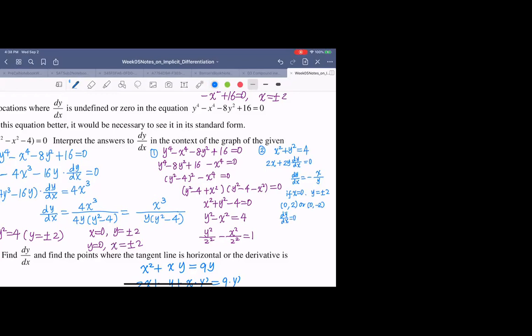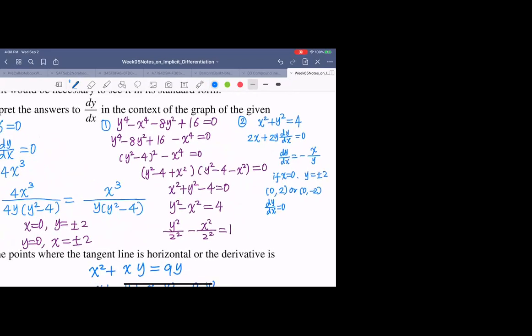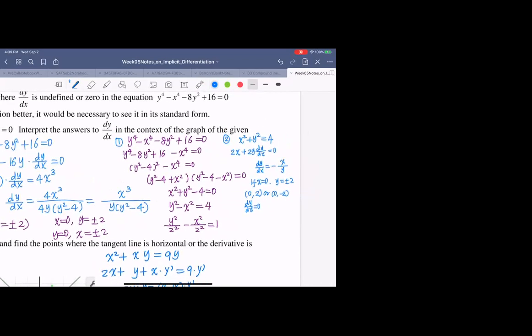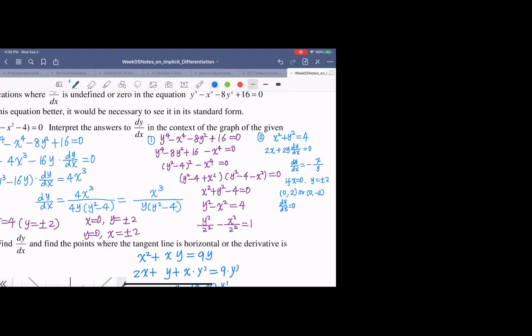Yes. For what location do you have undefined? This is when y equals 0. If y equals 0, then x equals plus or minus 2. Then you have 2, 0, or negative 2, 0. This is where dy over dx is undefined.